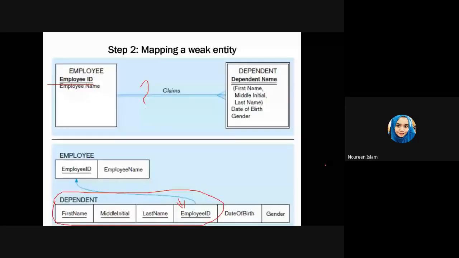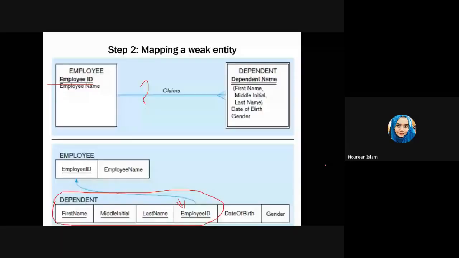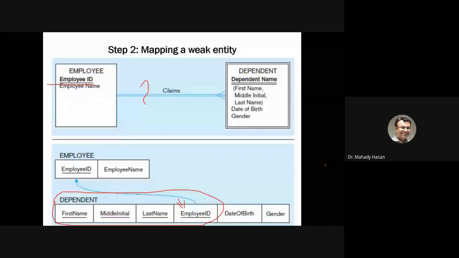As we did in step 1, is there any multi-valued attribute? No, sir. Tell me what type of attribute is this one? Composite. It is not a primary key, it is a partial primary key, right? It is composite in nature.